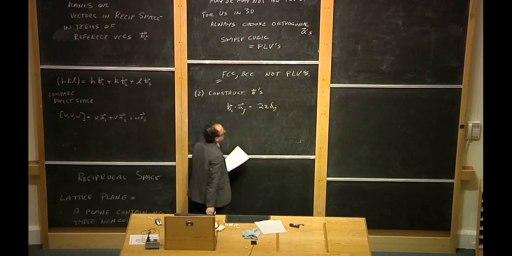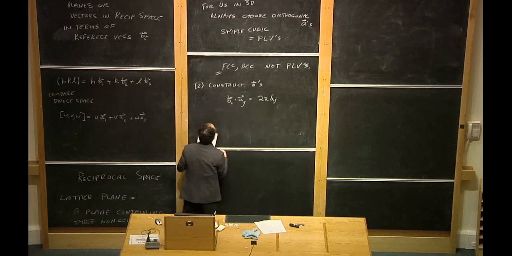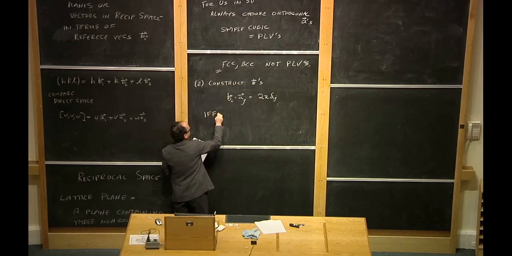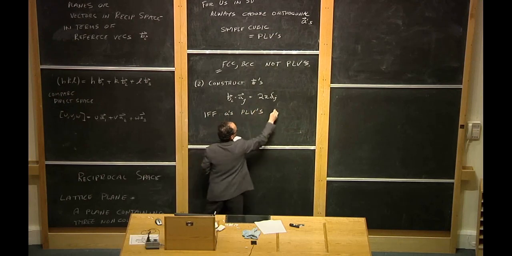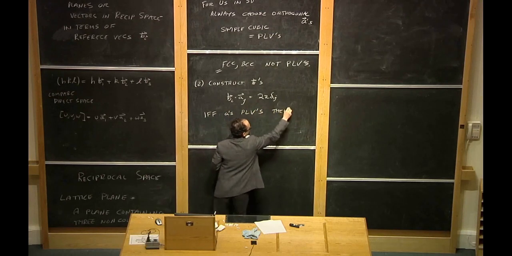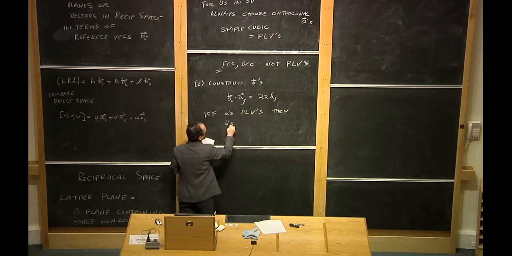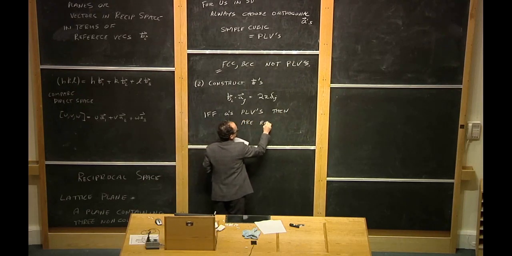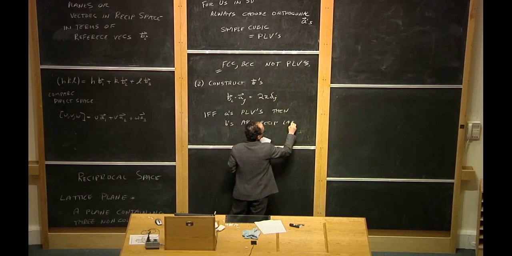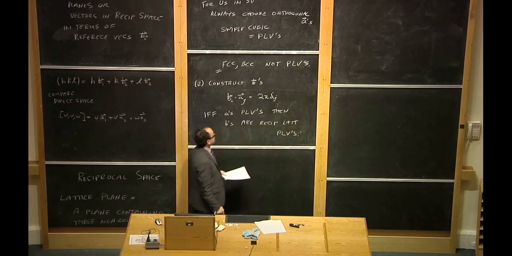And we've seen this equation before. If and only if A's are PLVs, then B's will be reciprocal PLVs, primitive lattice vectors. Okay?